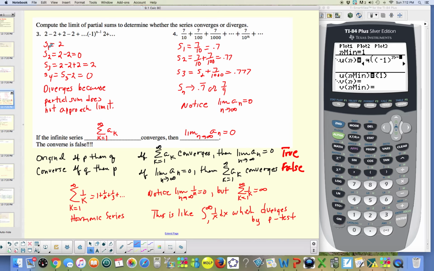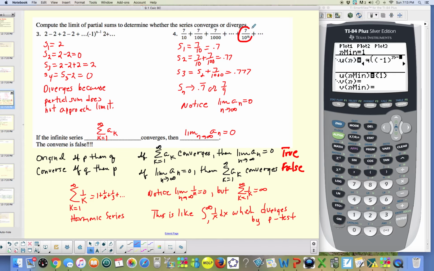Notice that I wrote the first partial sum, the second, the third, the fourth. We say this diverges. Notice that these partial sums aren't approaching a limit. In contrast, these partial sums look like they're getting closer and closer to 0.7 repeating, and 0.7 repeating is 7 ninths.